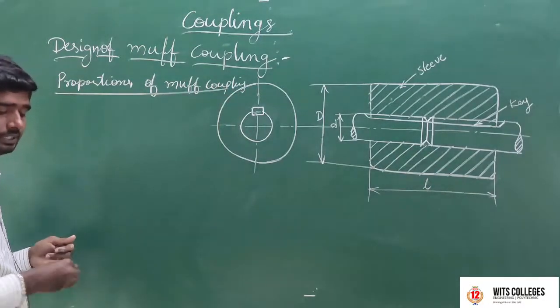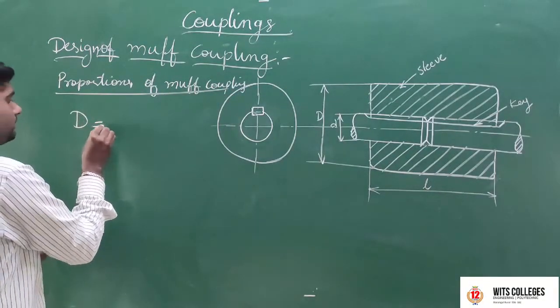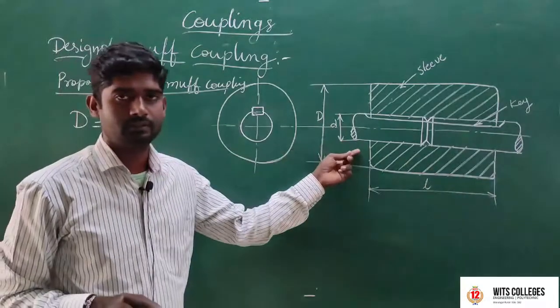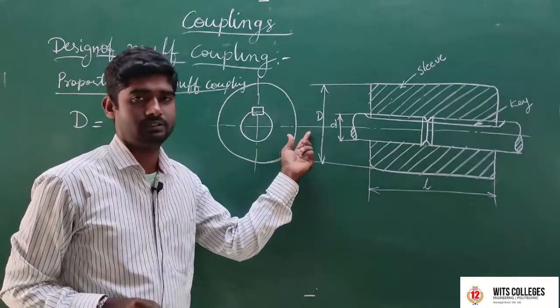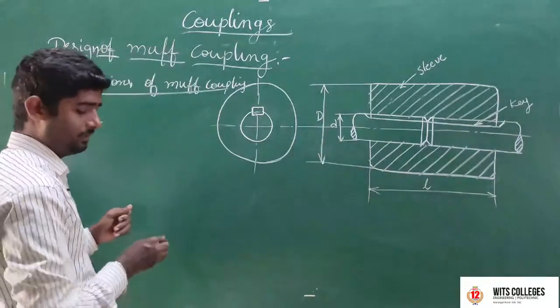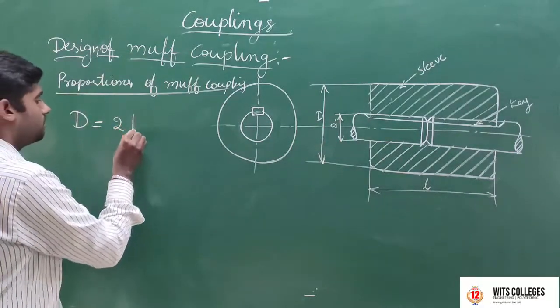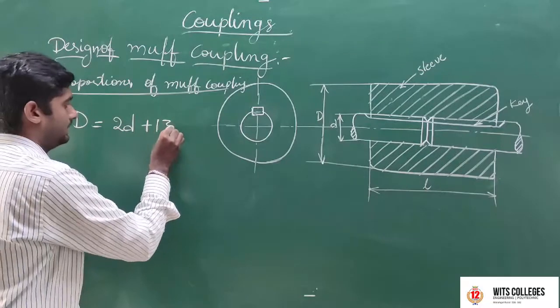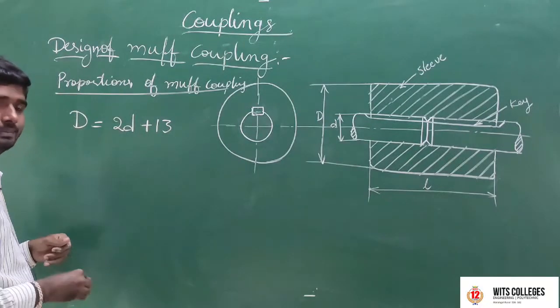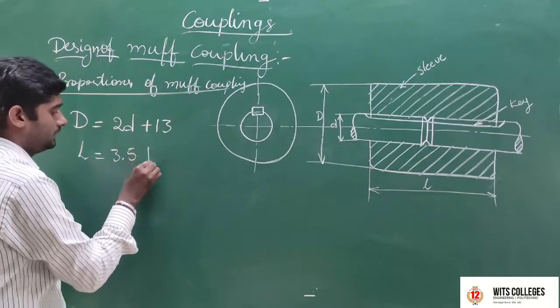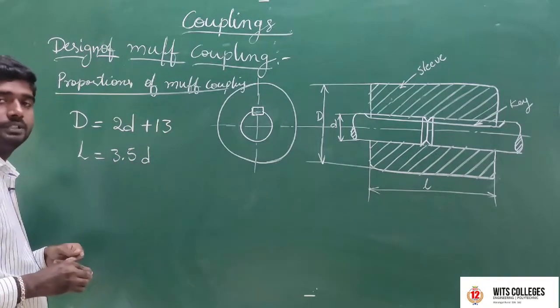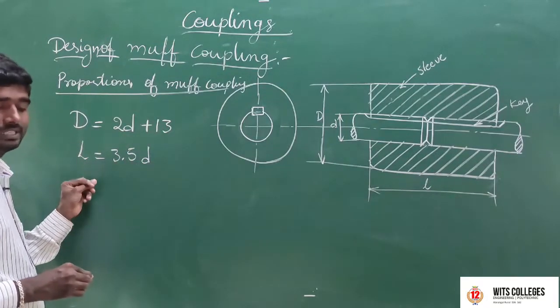Using the diameter of the shaft, find the diameter of the muff: D is equal to 2d plus 13. L is equal to 3.5d. These are the standard proportions.